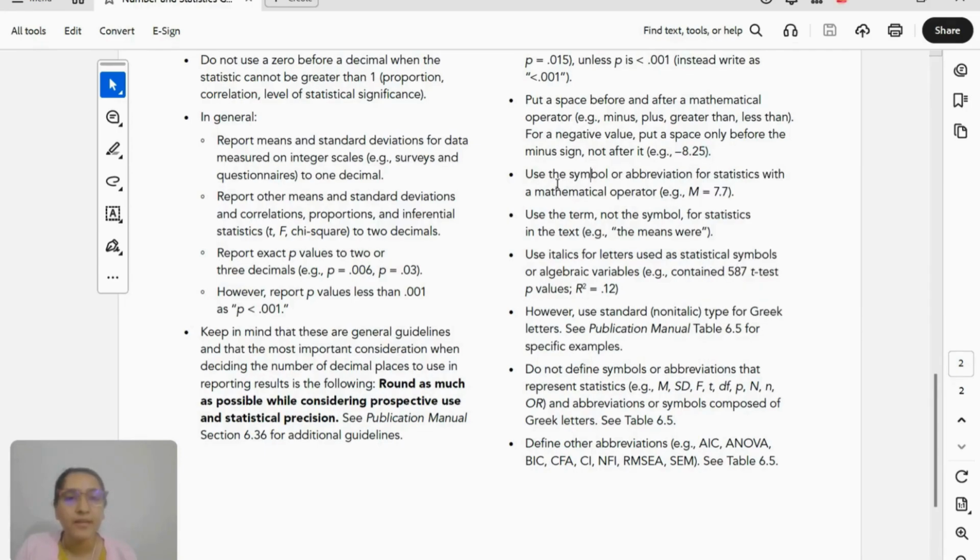And then use the symbol or abbreviation for statistics with a mathematical operator. And then use the term, not the symbol, for statistics in the text. That means, for example, when we're writing the mean, let's not write the mu or x bar; let's write the word mean when we are writing in the text.